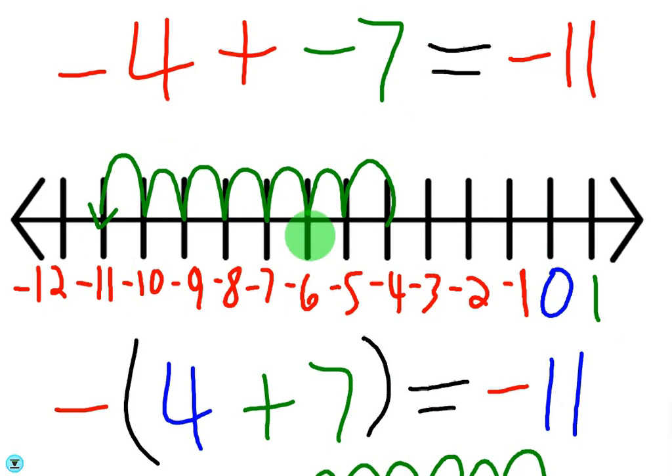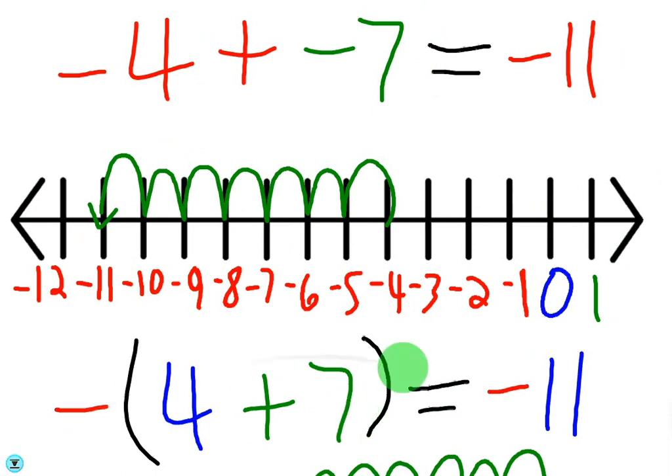Now, think about this for a second. What if we had started at +4 and added 7? We would have ended up at +11. What I'm getting at is when you're adding two negative numbers, the easiest way to do this is to just add the positives and make the answer negative. And that's what we're showing right here. If we were just to add 4 plus 7, we get 11.